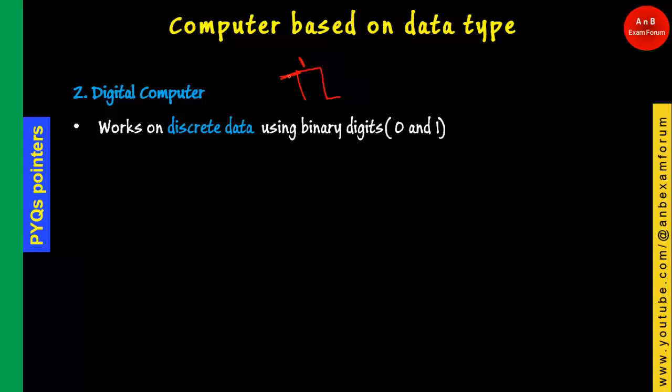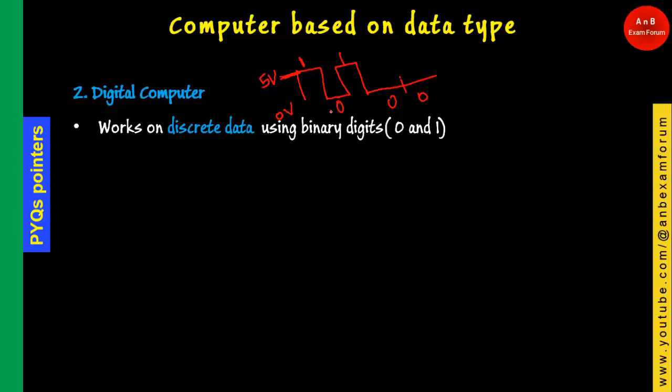If my voltage is 5 volt, I am considering it as a 1. If it is 0, I am considering it as a 0. If my voltage rises to 5 volt, I will make it 1. If my voltage remains 0, I will make it 0 at my sampling rate. So just remember, it is working on some sort of discrete data.